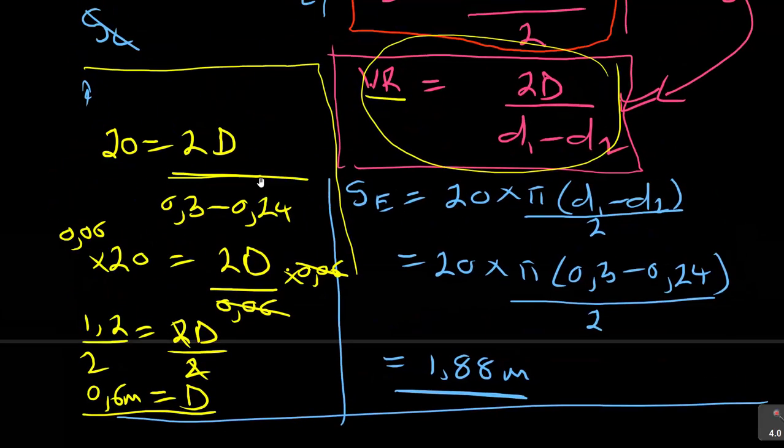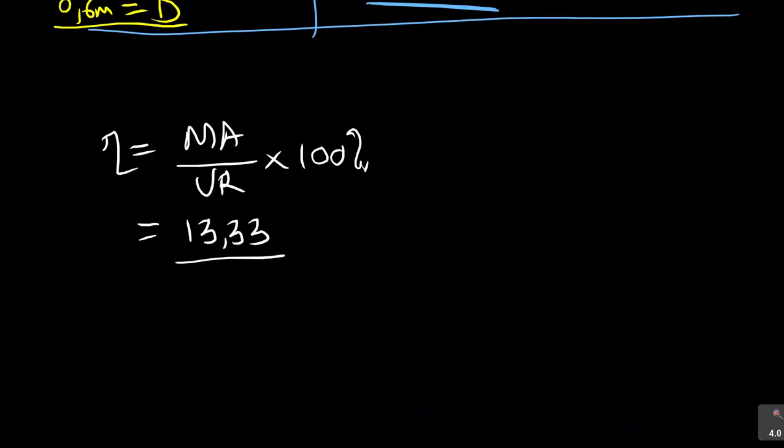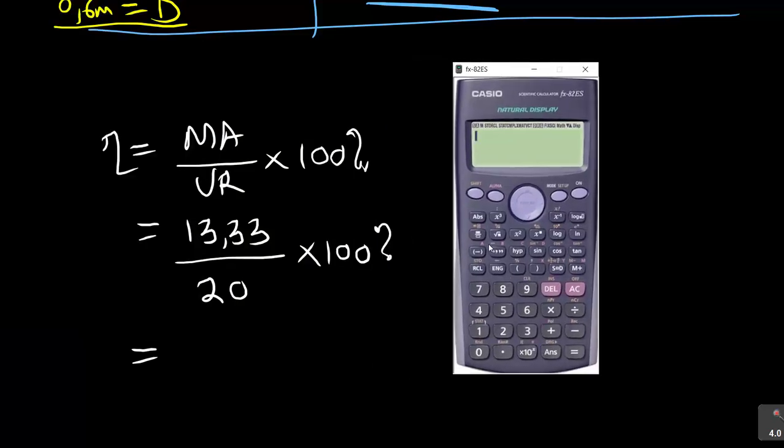They said VR was equal to 20, times 100%. Your answer will always be in percent, because efficiency is in percentage. So it's 13.33 over 20, multiplied by 100, and then equals, press S to D, it's 66.65.